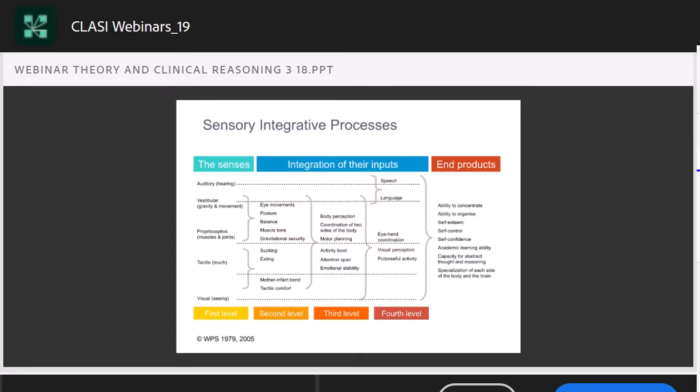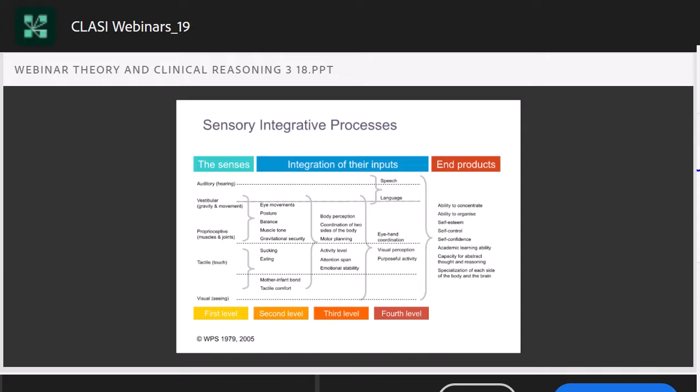This model, Dr. Ayres published in Sensory Integration and the Child. Her original intent of that book was to describe her complex theory for parents. And so she put this model together so that it briefly described the contributions of one or more senses to increasingly complex functions.